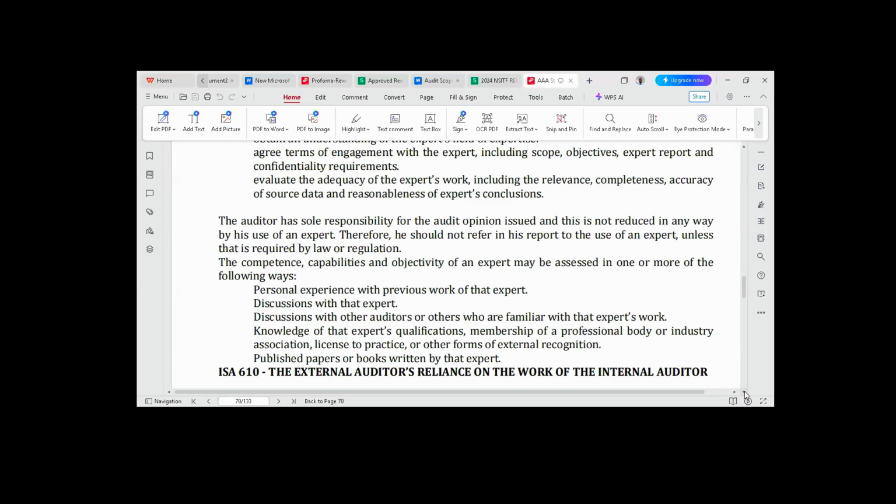For instance, if he's seeking opinion from an architect, we need to check: is that person a member of the Nigerian Institute of Architects? Or if he's a lawyer, we'll check: does that person belong to the Nigerian Bar Association? What is his number? All of these are what the auditor will look out for before he decides on the type of expert he will rely on.